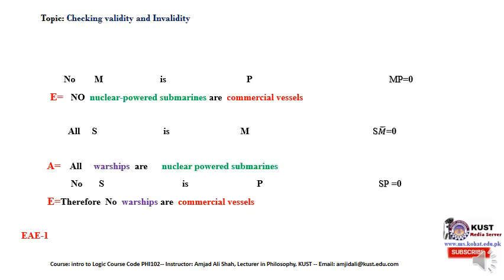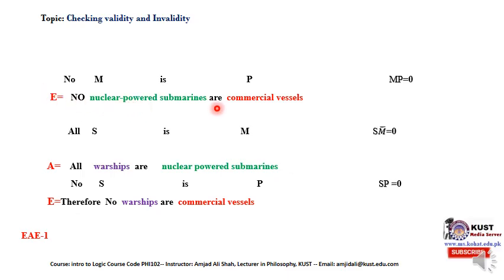Now let's move to the next syllogism. This is EAE1. In the previous syllogism, all the propositions were universal negative, but now this syllogism is a combination of both universal negative and universal affirmative propositions. Now we have A as well.